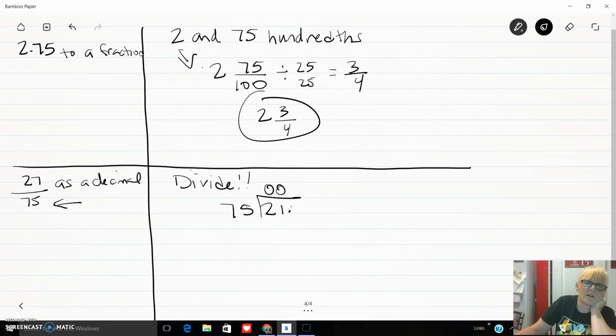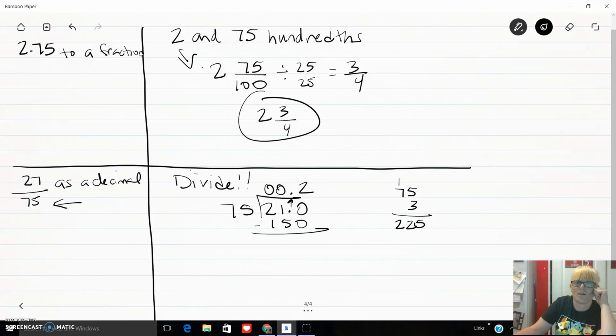So I'm going to put a decimal here, move my decimal up, add a 0, and 75 into 210. So 75 into 210, let's try 3 times. 5 times 3 is 15. 7 times 3 is 21, plus a 1 is 22, so that's too much. So it's got to be 2. 75 times 2 is 150.